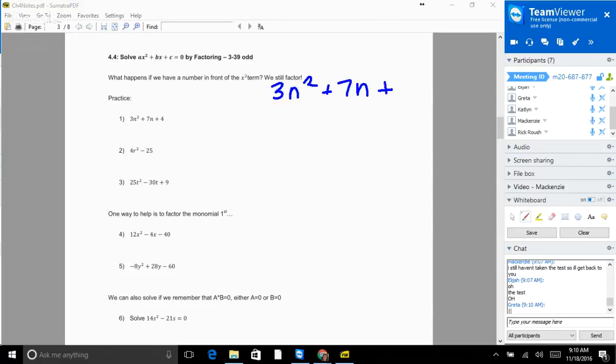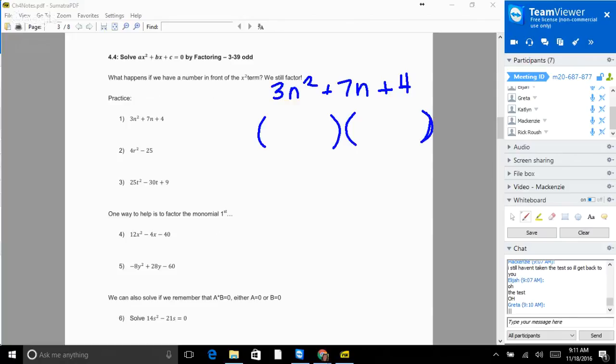It's a little bit more tricky to factor something that has a number out front, because when there's not a number in front of the squared term, we don't really have to worry about that squared term. Now we have to actually think about both the first and last term and how they relate to each other. So we know when we factor, we're going to end up with these two factors, right?